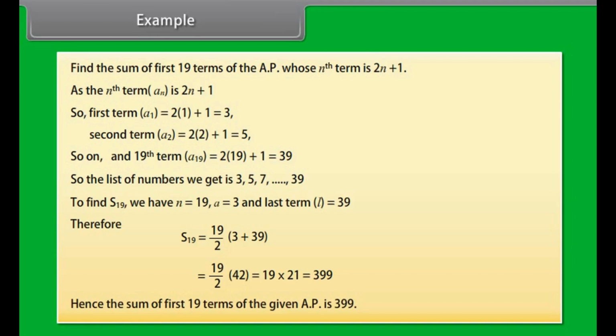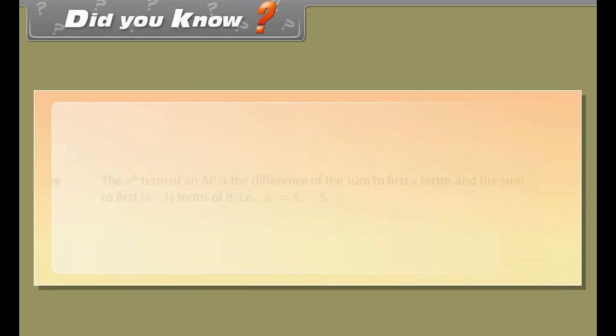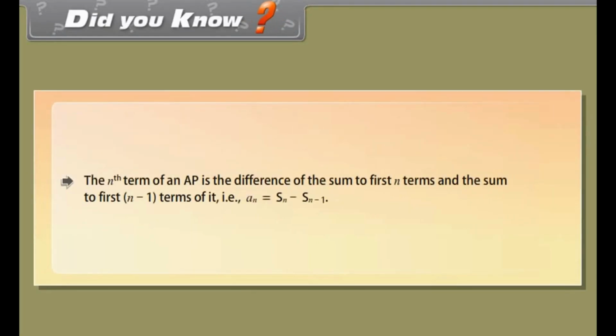Hence, the sum of first 19 terms of the given AP is 399. Did you know? The nth term of an AP is the difference of the sum to first n terms and the sum to first n minus 1 terms of it, that is, an is equal to Sn minus Sn minus 1.